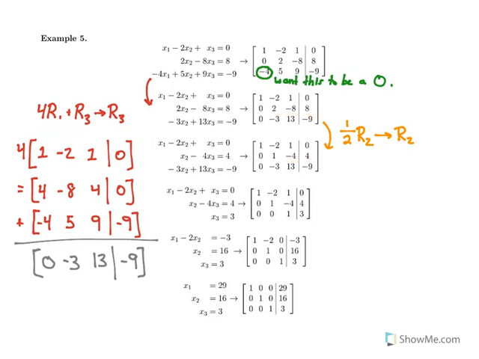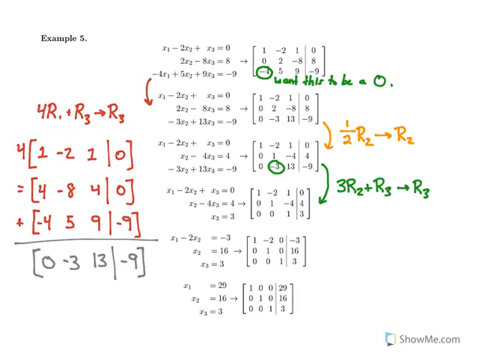All right, from the third to the fourth system, what's done is another replacement. In this case, this was 3 row 2 plus row 3 is going to be our new row 3. And the goal is to get a 0 in that spot right there.